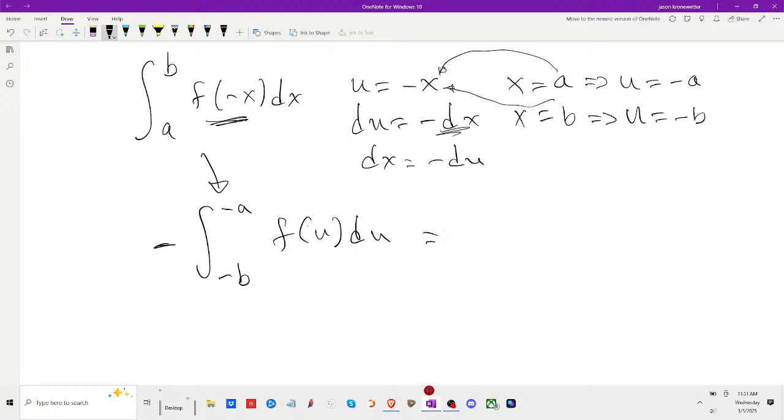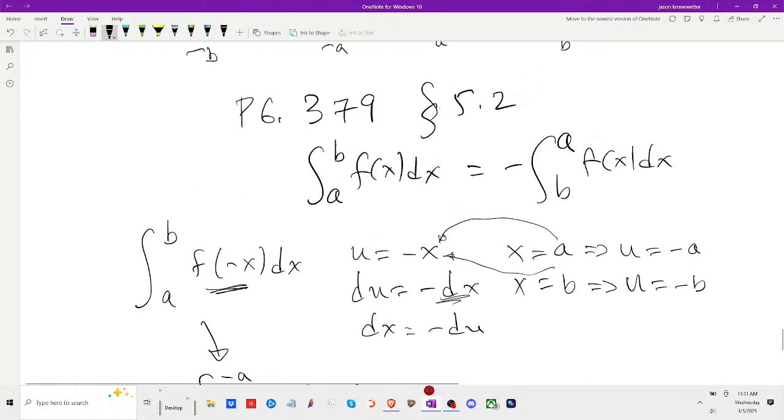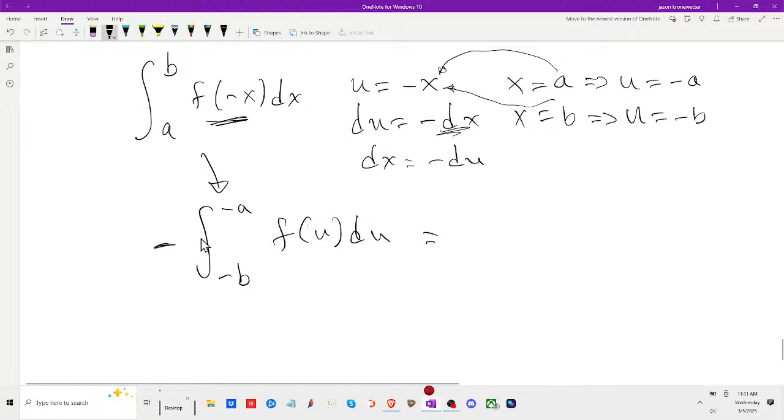And then using that rule that I just mentioned from section 5.2, when you have a negative out in front of the integral, you can switch the bounds of the integral. So I'm going to do just that. Integral from negative a to, no. You guys probably saw this already.